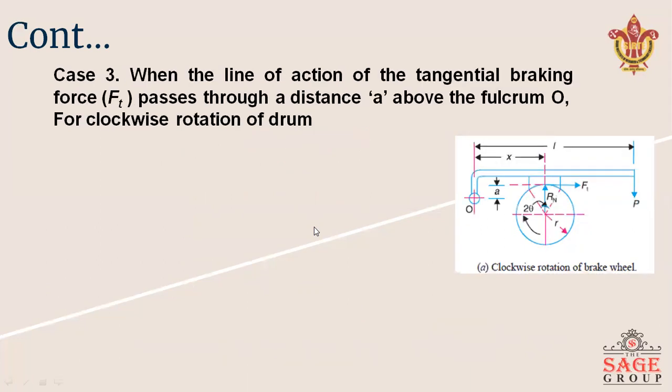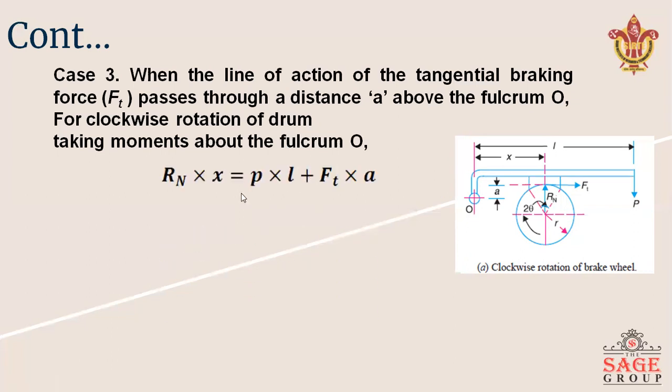Similarly for case three, when the line of action of the tangential braking force passes through a distance a above the fulcrum. First it passes through the fulcrum, second below the fulcrum, and third above the fulcrum. Now for clockwise rotation of the drum, we take moment about the fulcrum O, and we have the equation.